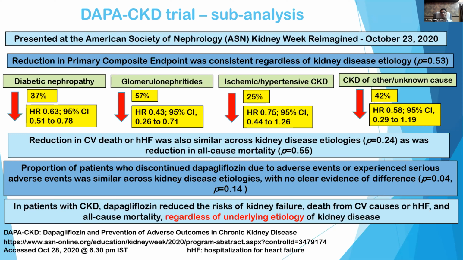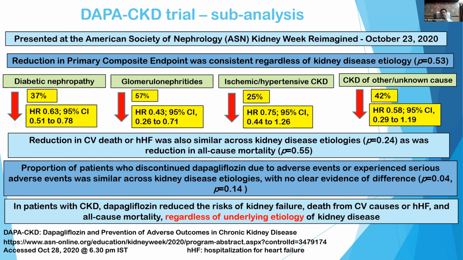Even in patients with CKD, dapagliflozin reduced the risk of kidney failure, death from cardiovascular causes or hospitalization for heart failure, and all-cause mortality, regardless of underlying etiology. And if you analyze even the EMPEROR outcome study, it also had a similar kind of analytical data which showed some benefit as far as kidney data is concerned.